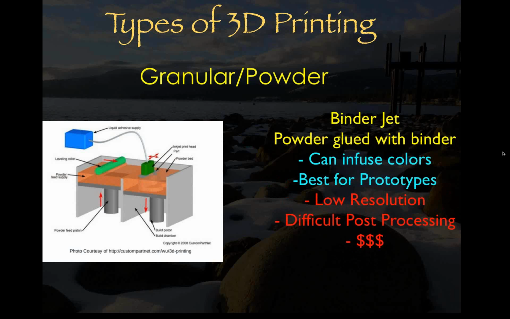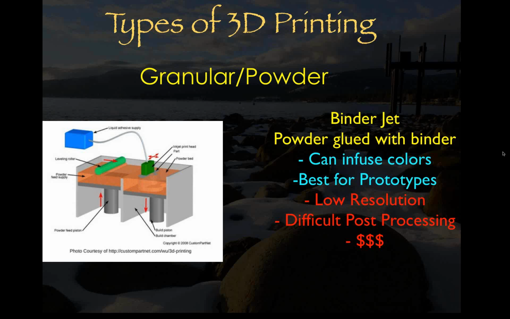Now, granular powder is quite similar, but it's really mixing powders with binders. You can infuse different colors. So it's one powder, but the colors can come from dyes, so it's a little more sophisticated and allows us to do 3D printing with a variety of colors based on the kind of dyes that the system can deliver.